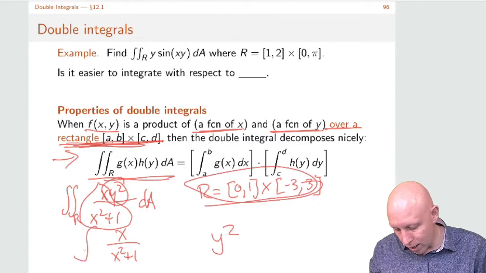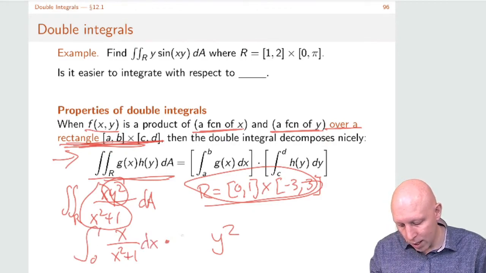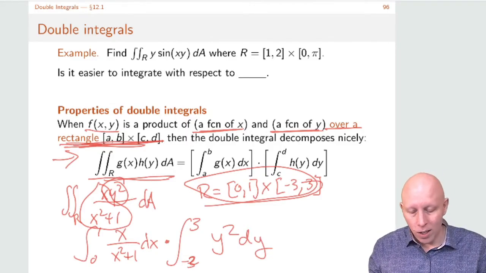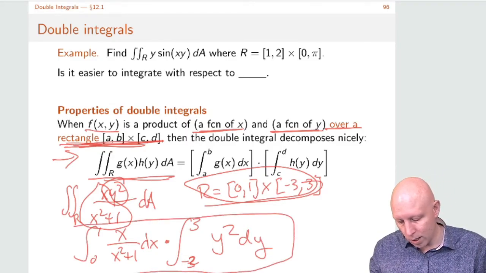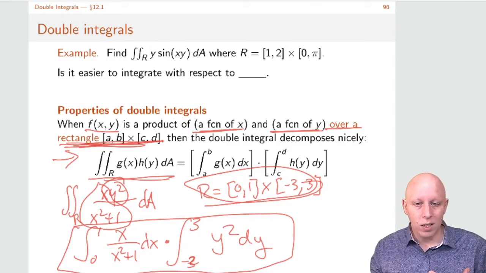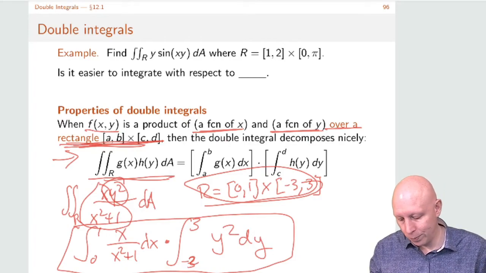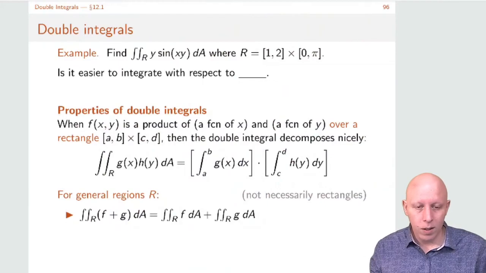That means we can write our integral as an integral in terms of x times an integral in terms of y. And that can make our life easier when we're doing the integral. It makes things a little bit less clunky, a little bit less crazy to worry about.